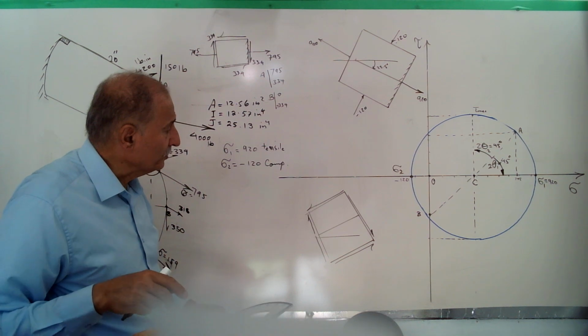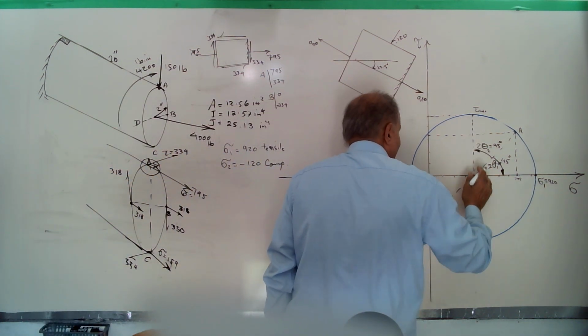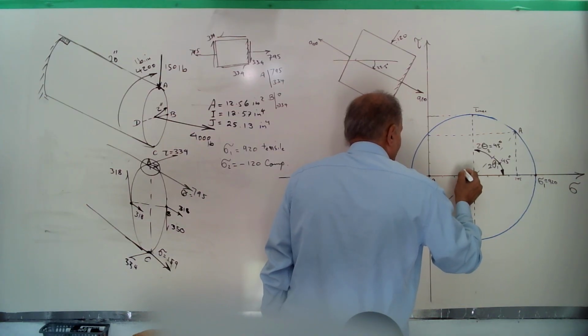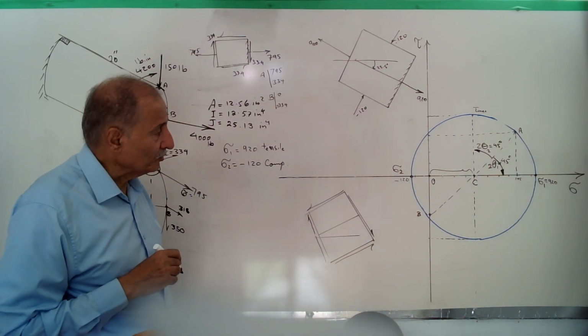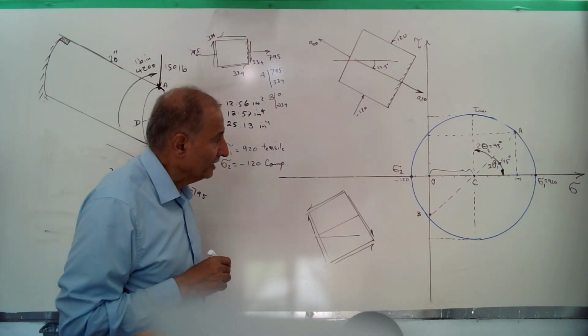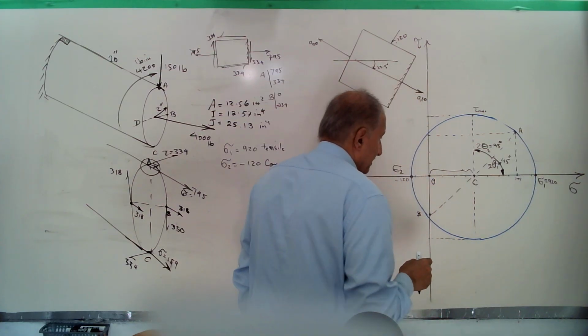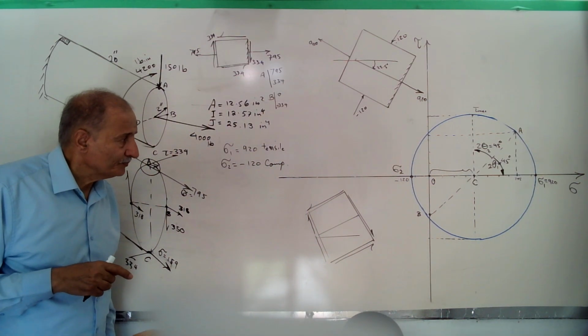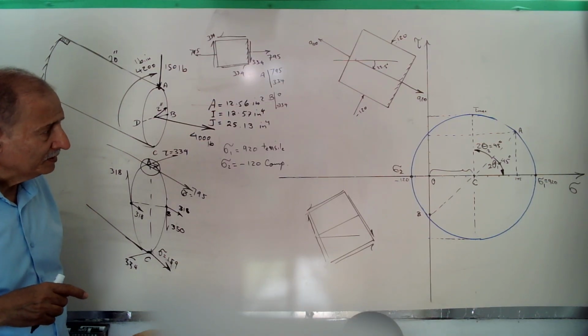This is tau. What about the normal stresses? The normal stress when tau is max is equal to this amount. Point C shows the normal stress during the maximum shear stress inside the material. How much is it? 100, 200, 300, and 300 would be close to 500, I think.